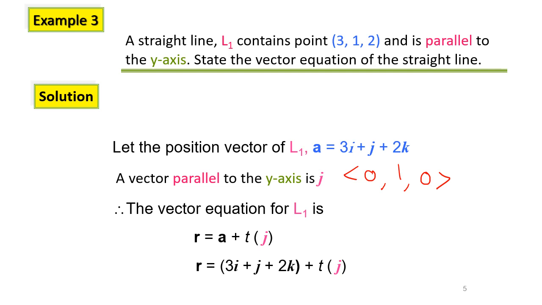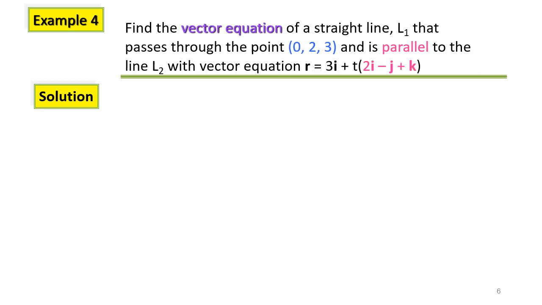Very simple. Next, example 4. Find the vector equation of the straight line L1 that passes through point (0, 2, 3) and is parallel to line L2 with vector equation r = 3i + t(2i - j + k). What's the solution for this one?